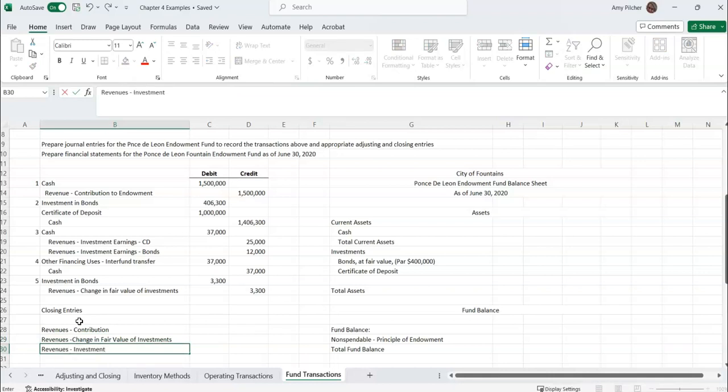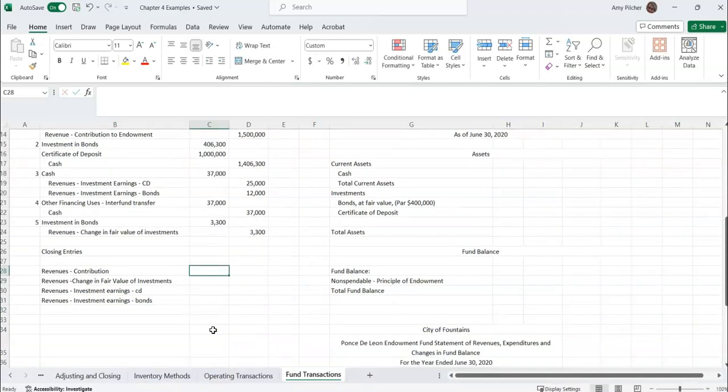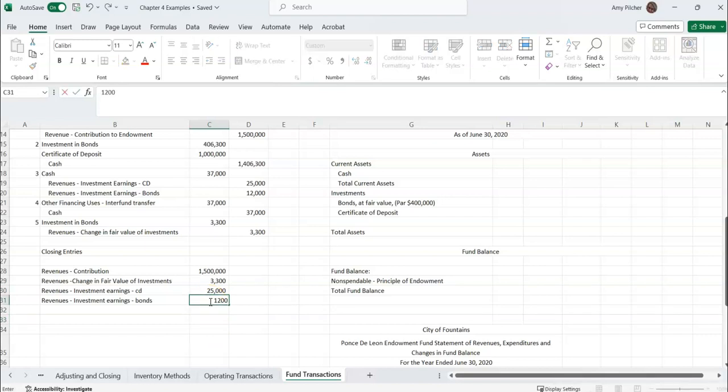and investment earnings. Okay. So we're just going to debit all those accounts to close them at the end of the year. That's 12,000 and not 12.